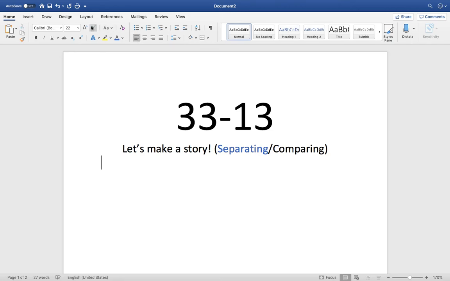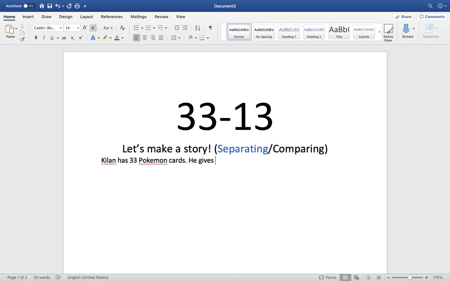So let's do this. First, I want you to think about it before I start typing. What is a story problem that you could do with this? What is a story problem we could make with 33 minus 13? Well, I think I can come up with one, so let's do this. Keelan has 33 Pokemon cards.